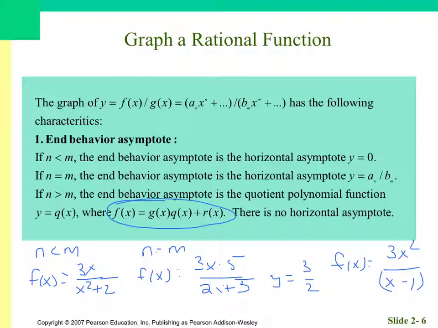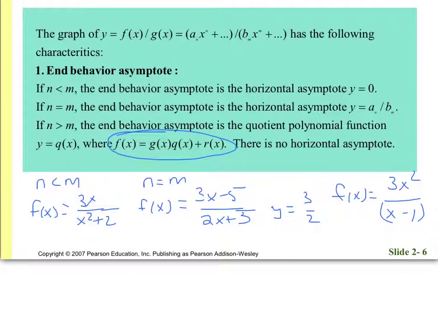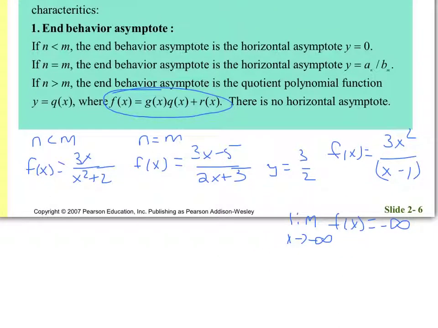So this would be the limit as x goes to negative infinity, f of x goes to negative infinity. And then the limit as x goes to positive infinity, f of x also goes to positive infinity.